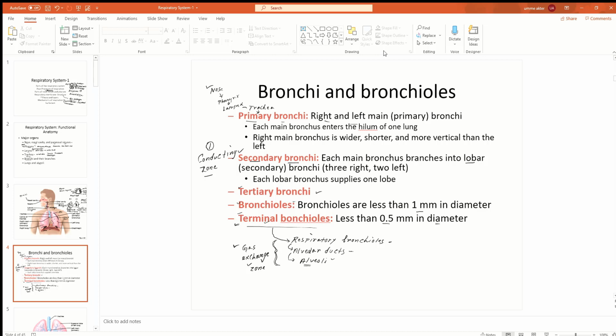The upper part from the nose to the terminal bronchioles belongs to the conducting zone, and the last three structures belong to the gas exchange zone or respiratory zone. So just remember, we divide the respiratory pathway into those two parts.